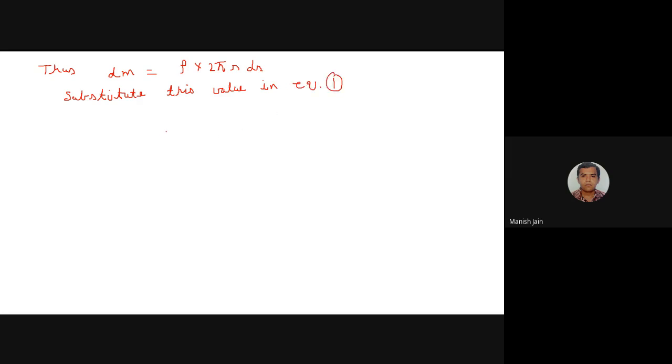You will get dF equal to omega square r, both remain the same, and in place of dm you write 2 pi r dr multiplied by rho. This is equal to dF. Now the pressure force should be equal to the centrifugal force. So what is the pressure?